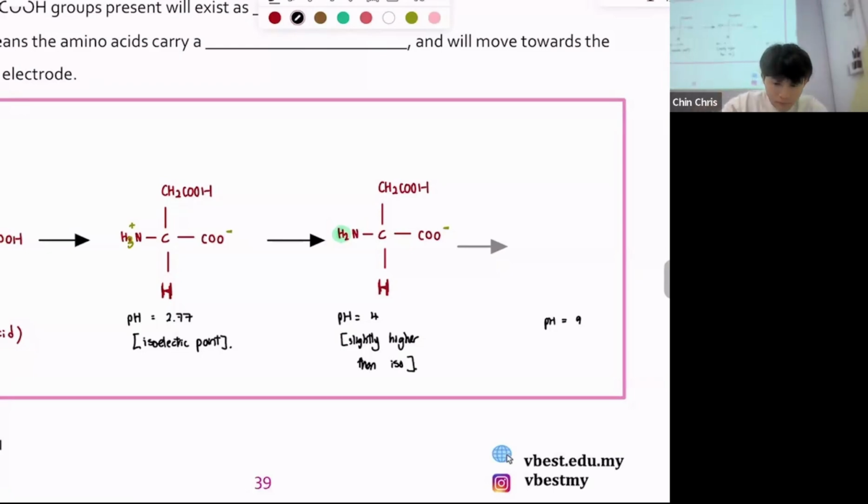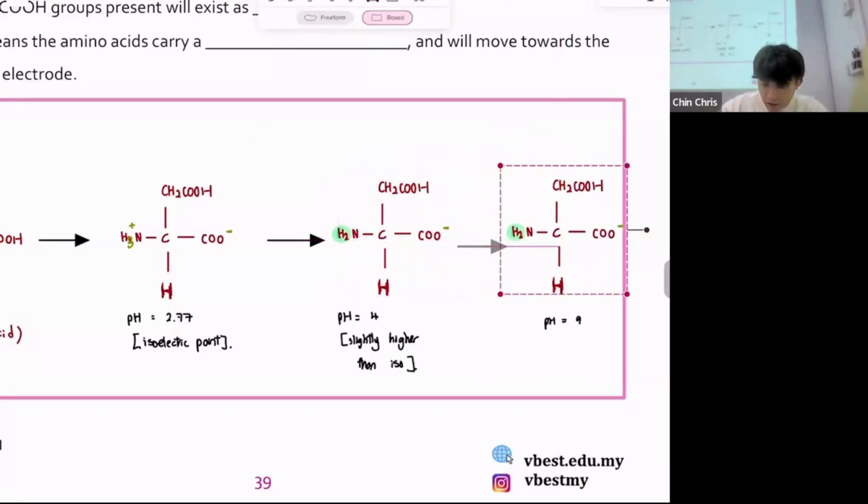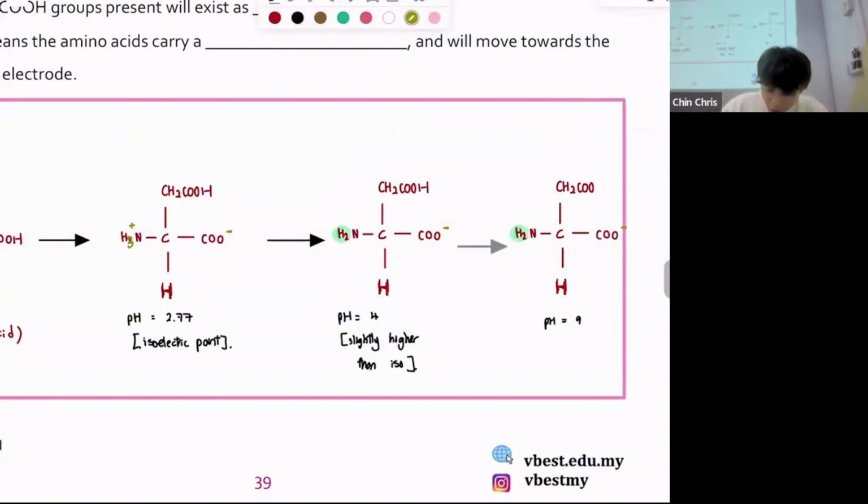What will be? So your COOH on top is also deprotonated, right? So COO minus. So you have a net charge of -1. Understand? Oh, sorry, -2. My bad. Yeah, -2.